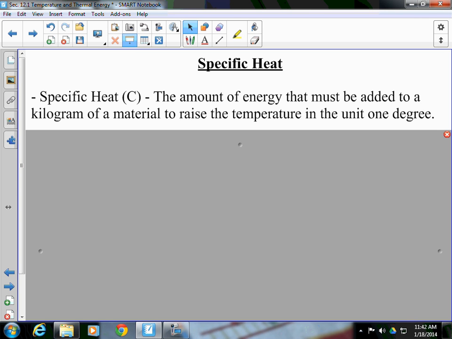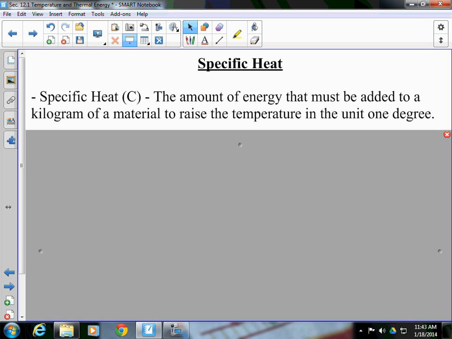For example, what heats up faster, an iron pan or a bowl of water? Let's think about it real quick. How long does it take to boil water? A long time. How long does it take to heat up a pan? A minute. And that's an example of specific heat.